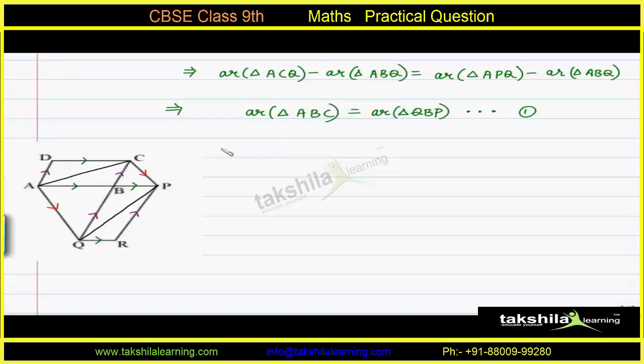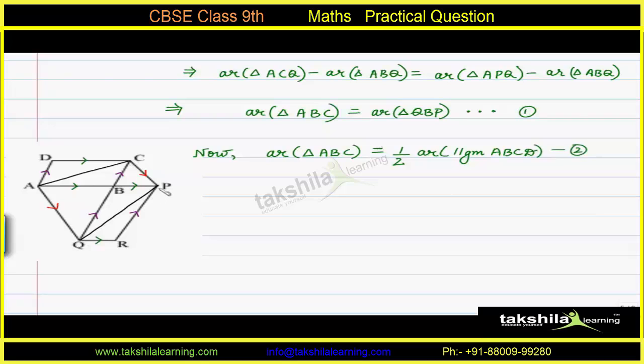So area triangle ABC, that means the area of this triangle here, is equal to half the area of parallelogram ABCD. So this is equal to 1 by 2 area of parallelogram ABCD. This we can call our second.